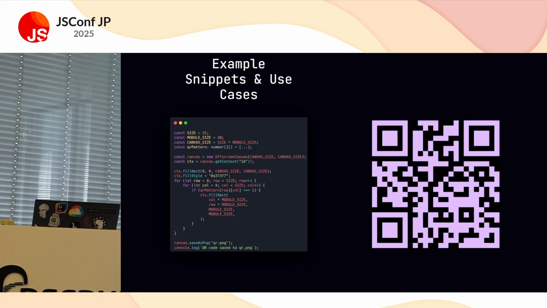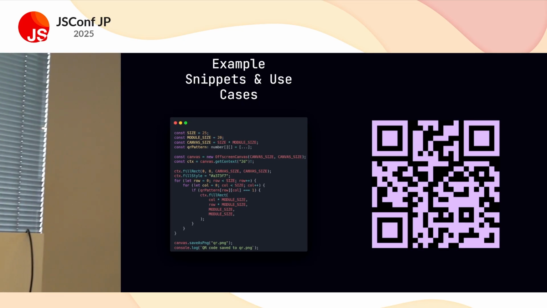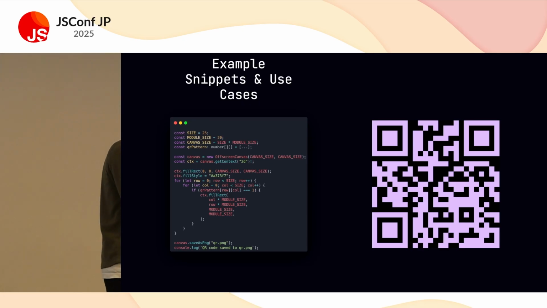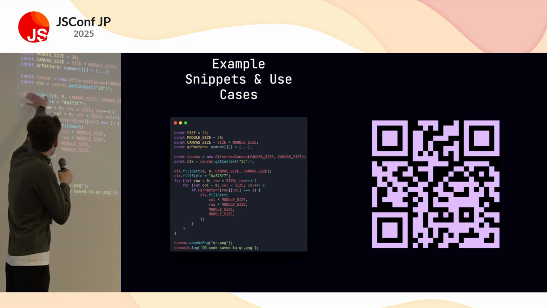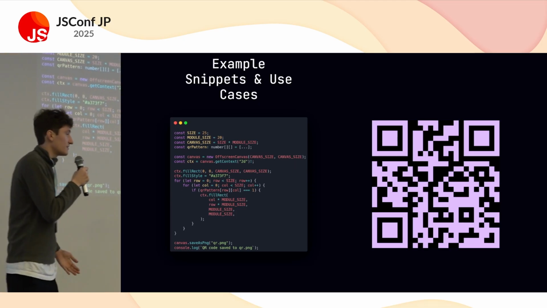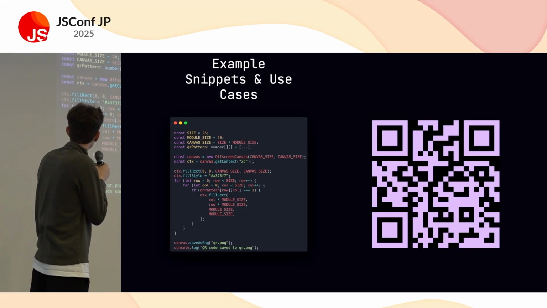So for our example today, I have essentially written a script to generate this QR code here, which you can scan and access the Andromeda website directly. Essentially, what we're doing here is creating an off-screen canvas using the off-screen canvas API for the web, and then getting the 2D context.